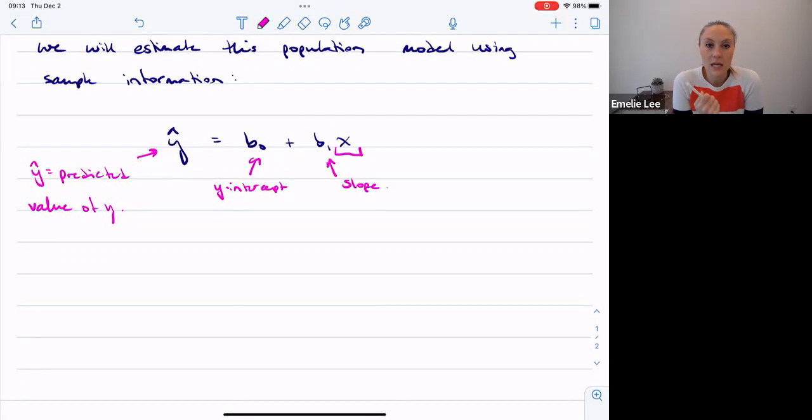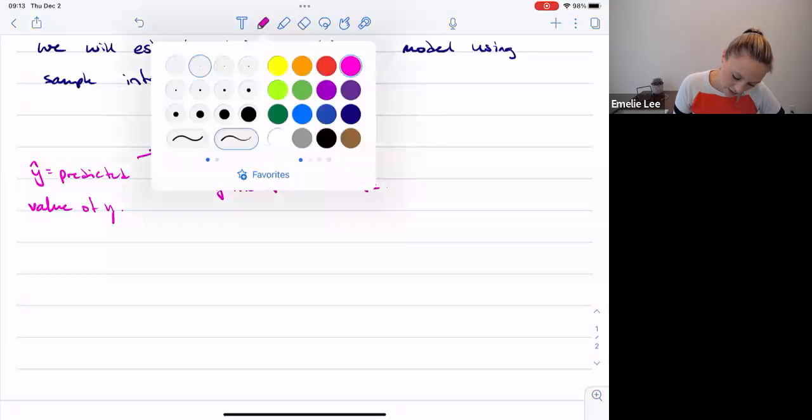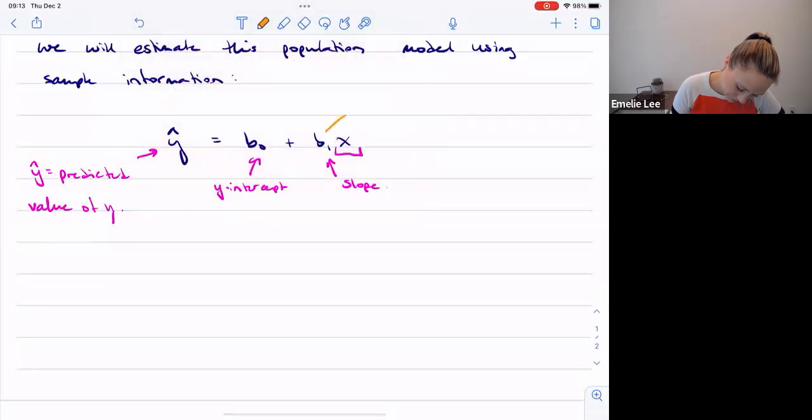Whatever's attached to the x, you could use a's and b's if you want. I'm going to use b0s and b1s, but you can use a plus bx, or even if you want to get weird, b plus ax. It doesn't matter, right? Whatever is attached to the x is the slope.